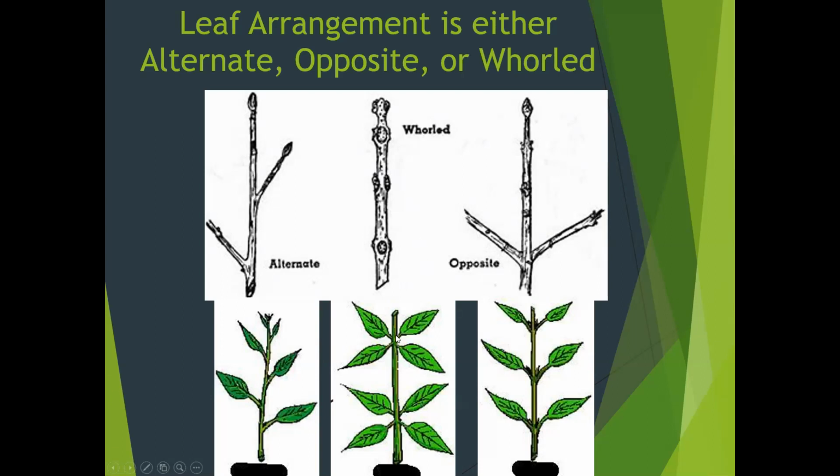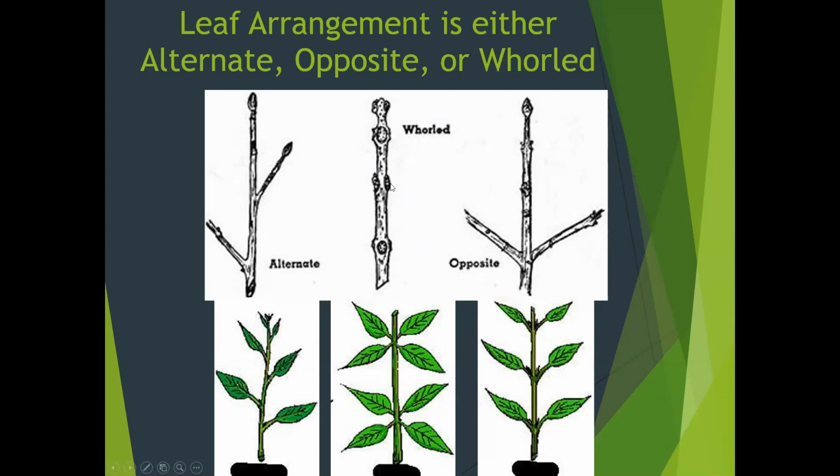And the whorled leaves are kind of the same. Like if you drew a straight line through here and here, they would be the same, but the key to opposite versus whorled is that opposite always works in pairs of leaves, and whorled is more than one pair of leaves. But they do go around the stem, and each one would have a bud at the bottom here. And you can see these leaf scars, because that is where the leaves were attached last year.